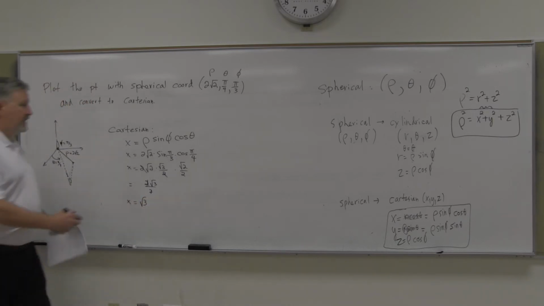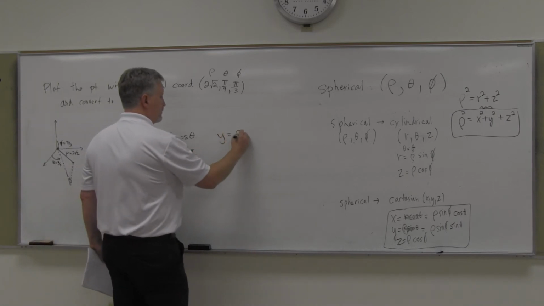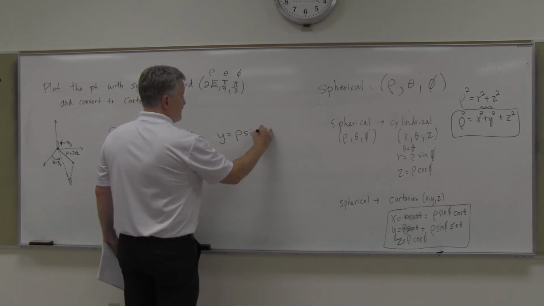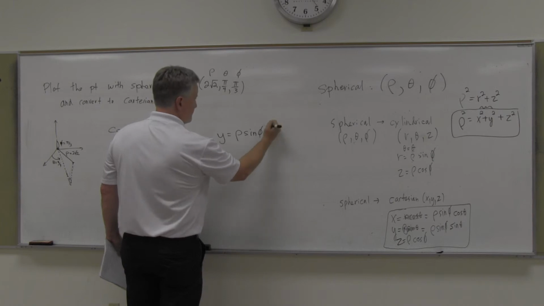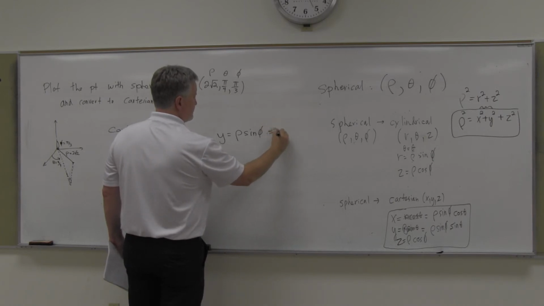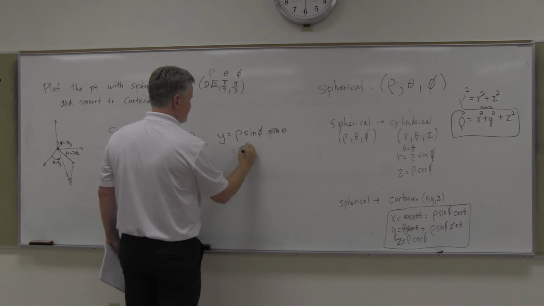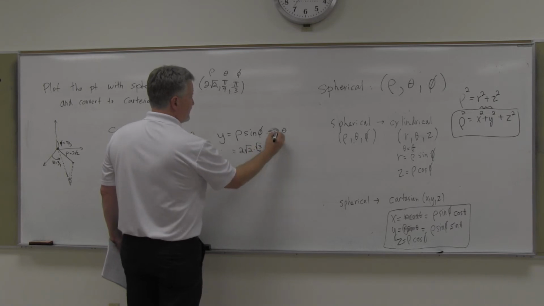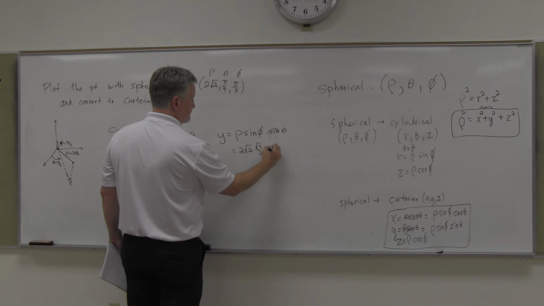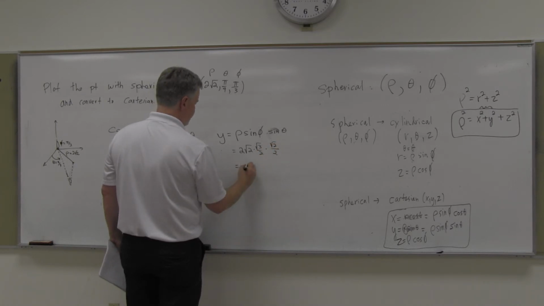Y is then rho sine phi sine of theta. In this particular case, 2 square root of 2, sine of phi, I already did that, that's square root of 3 over 2. Sine of pi over 4 is the same as cosine of pi over 4, so with the exact same value. It won't always work that way.